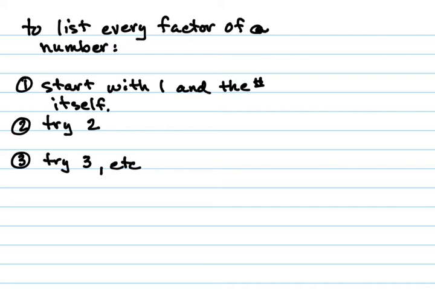Don't just jump around. We know that 8 divides into 24, right? But we don't want to start with 8. We want to start with 1, then 2, then try 3, etc. And again, remember, they always come in pairs. So we're going to list them as pairs.